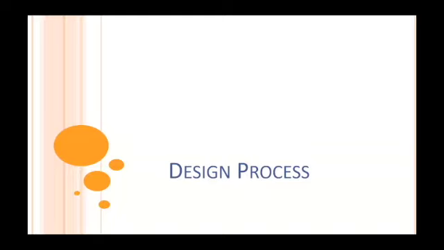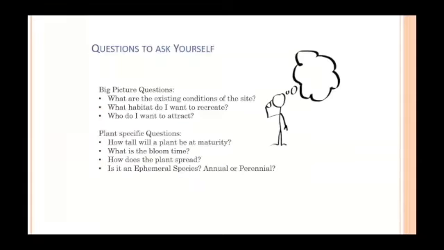I'm first going to talk a little bit about the design process and how to pick the correct plants for your property. The first thing you want to do is think about what's going on in your property. What are the existing conditions that you have? What habitats would you maybe want to recreate? What do you want to attract? Are you really into birding, butterflies?